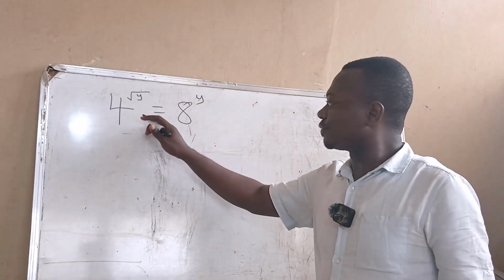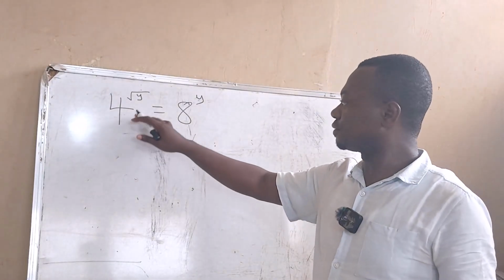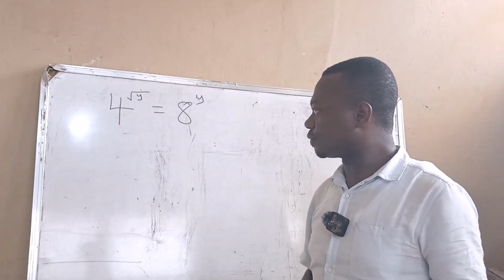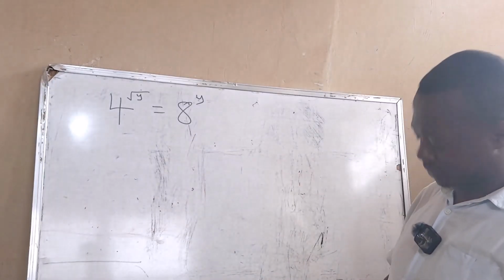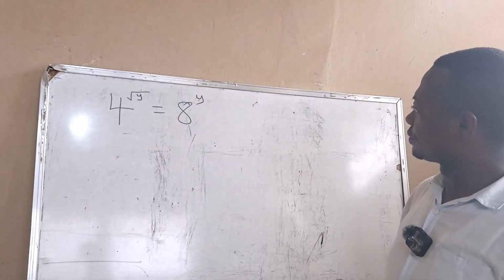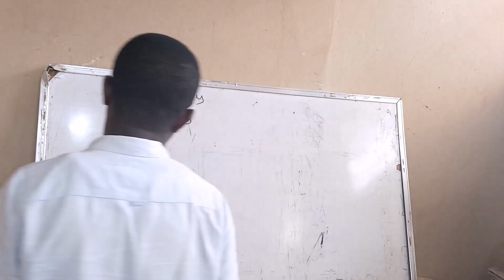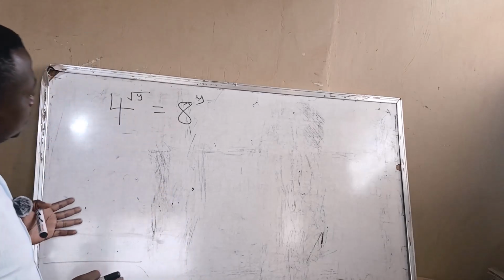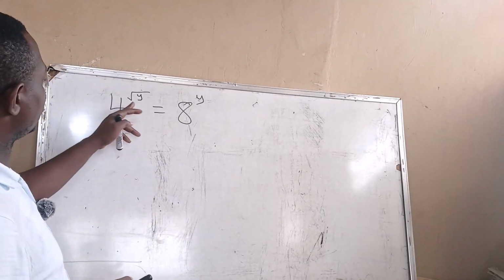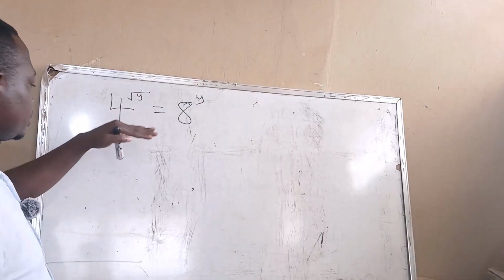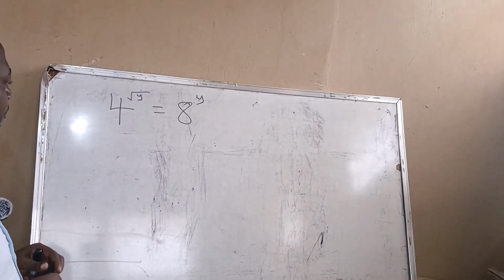How do we solve for y? Given 4 raised to square root of y equals 8 raised to y. Now, first of all, let's observe the bases. Now, before we can solve for y, we have to make sure the bases are equal.